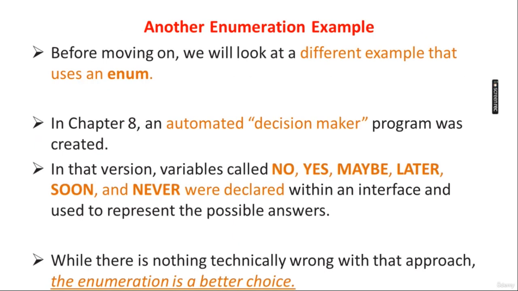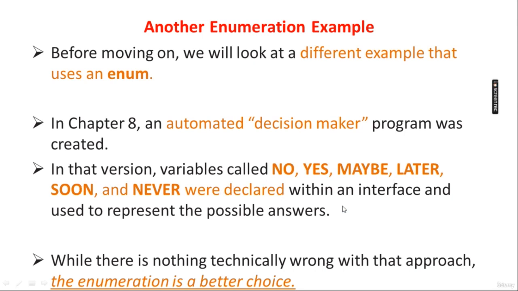Now we will see another enumeration example. We will look at a different example that uses enum. In chapter 8, in the previous chapter, we created an automated decision maker that had no, yes, maybe, later, soon, and never.